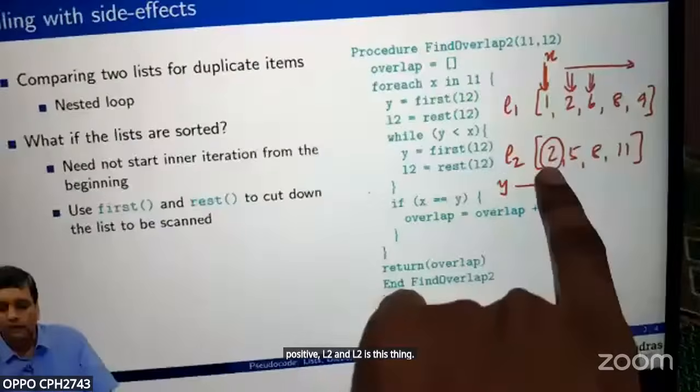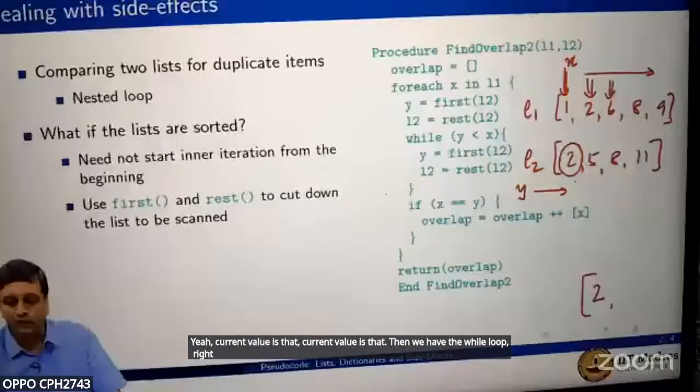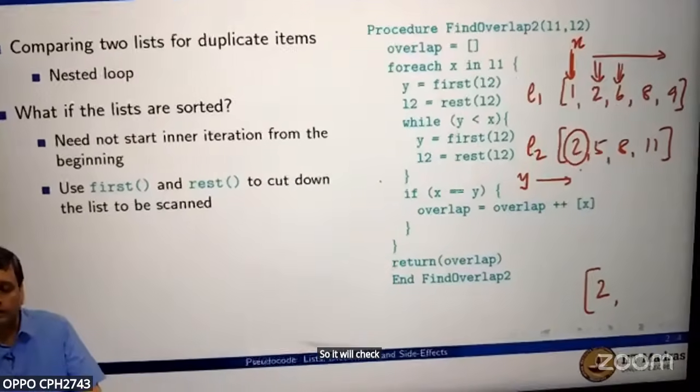Now we are doing while y less than x. Y is equal to first of L2 and L2 is this thing. Current value is that. Then we have the while loop, right? So it will check what? It will check all the corresponding.